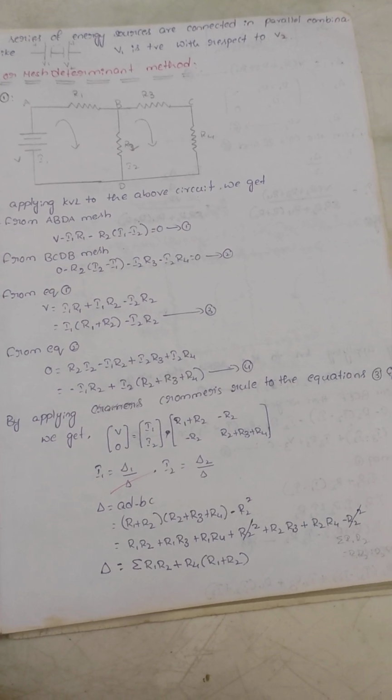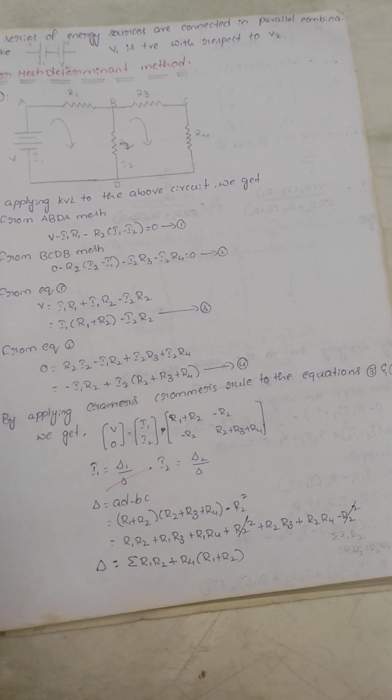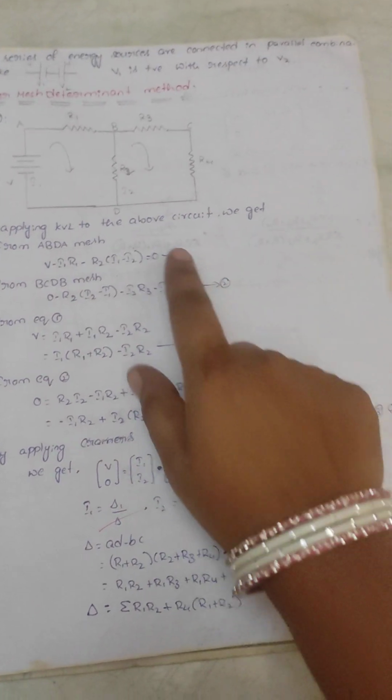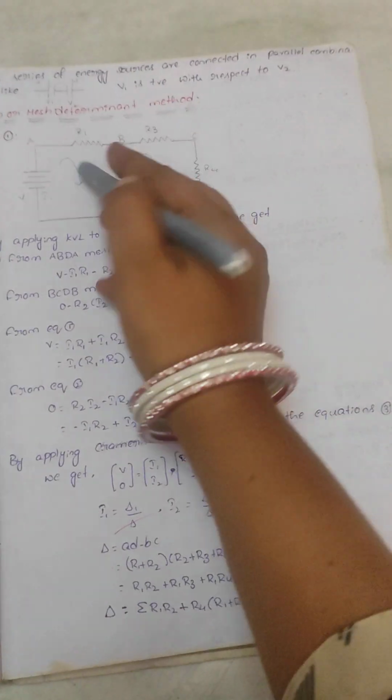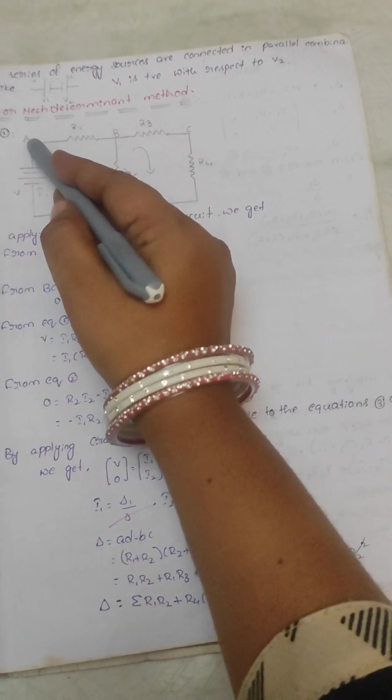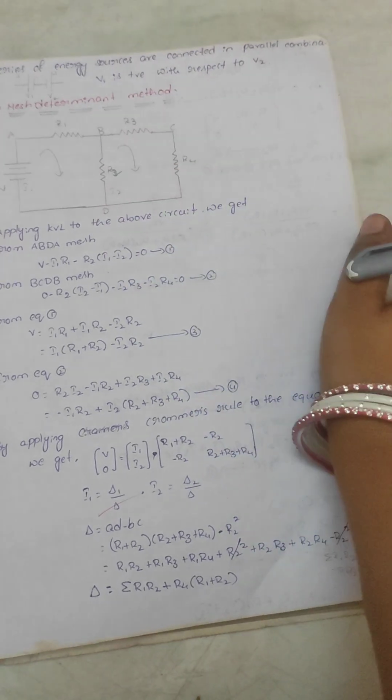By using that law, we can solve this by the mesh method, starting from the ABDA mesh. We have the voltage in ABDA; in BCDB we don't have the voltage.